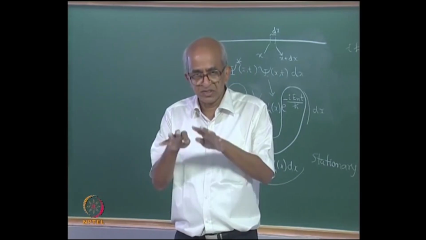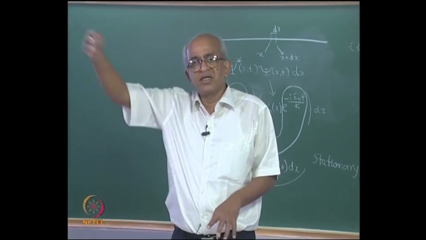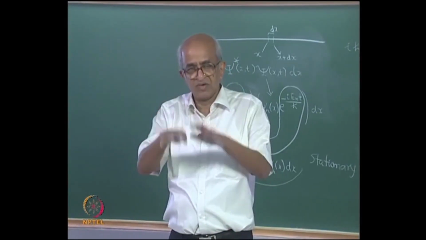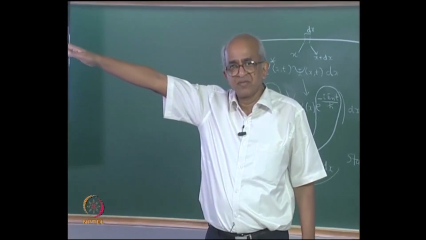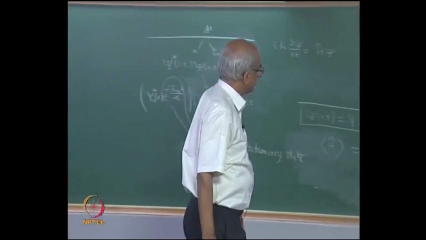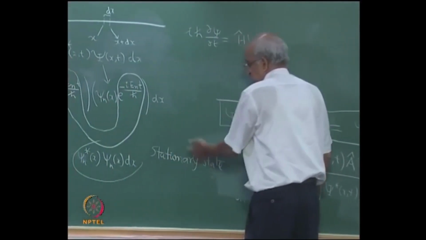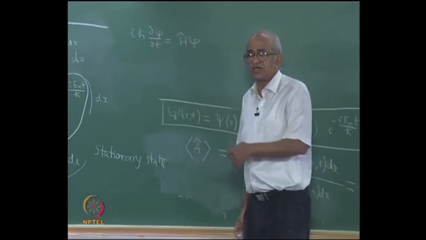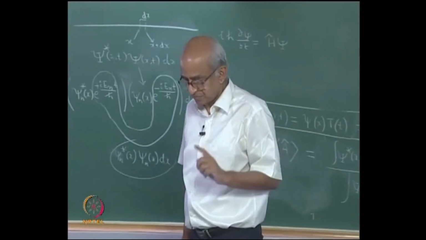Whether you measure the system now, or maybe tomorrow, or maybe 1 year later, if it was in the stationary state, you are going to get the same answer. Okay. So, that is what this means, and that is again the reason why these kinds of states are referred to as stationary states. Okay.